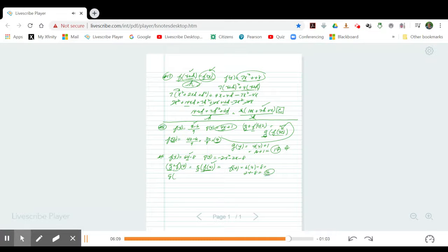So let's take a look at this. This is minus 2 times 16 squared minus 2 times 16 minus 8. So minus 2, 16 times 16, let's see, 96, that's 256. Minus 2 times 16, which is 32, minus 8.